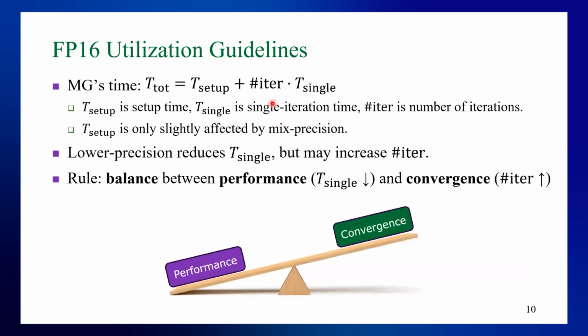MG is set up once and applied iteratively, so its total time consists of 3 parts: the setup time, the single iteration time, and the number of iterations. The lower precision can reduce the single iteration time but may increase the number of iterations. So the essential rule is to pursue a balance, a trade-off between performance and convergence.